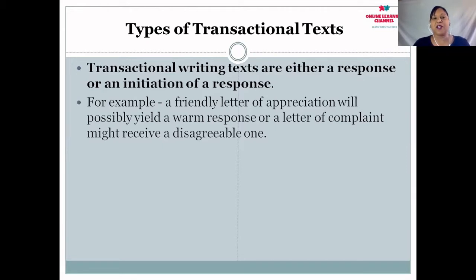You normally do that through a friendly letter. For example, a friendly letter of appreciation will yield a warm response, whilst a letter of complaint will naturally receive a disagreeable or negative response, depending on how you write it.